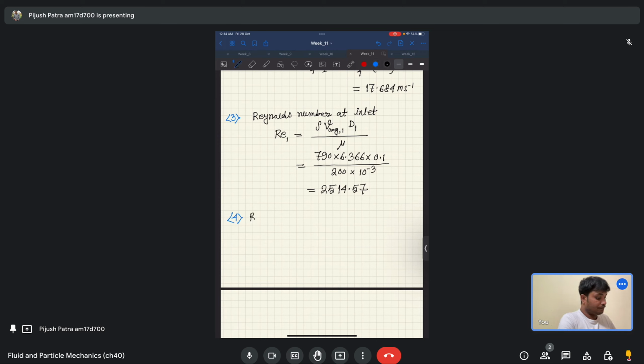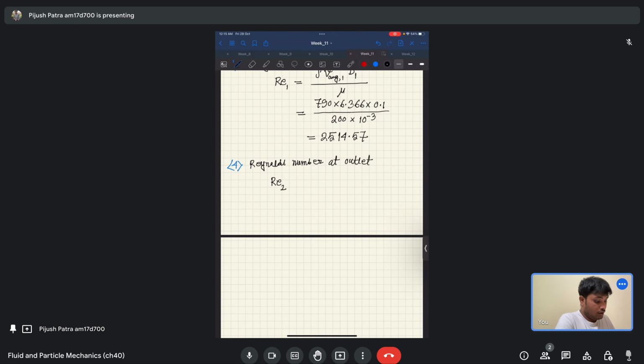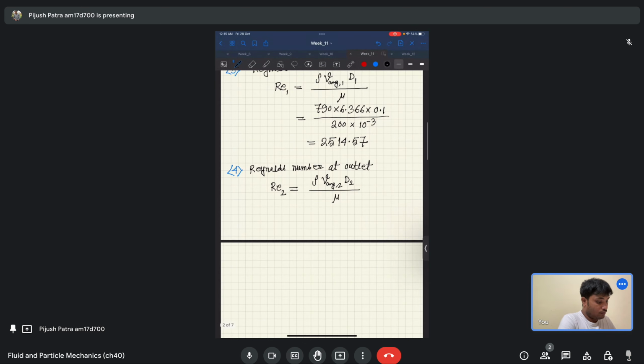This is the Reynolds number at outlet. Let's say that is RE2. I'm calling it RE2. So rho V average at section 2 into D2 divided by mu.